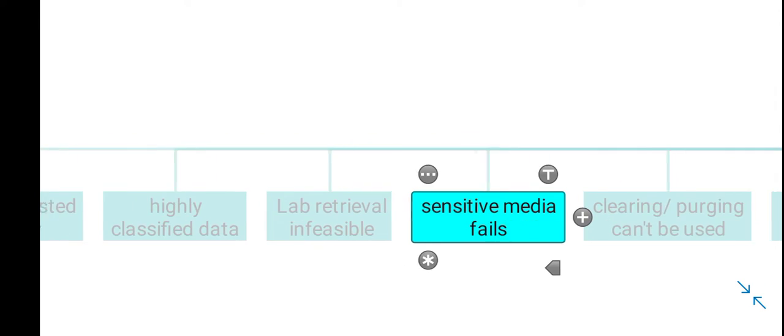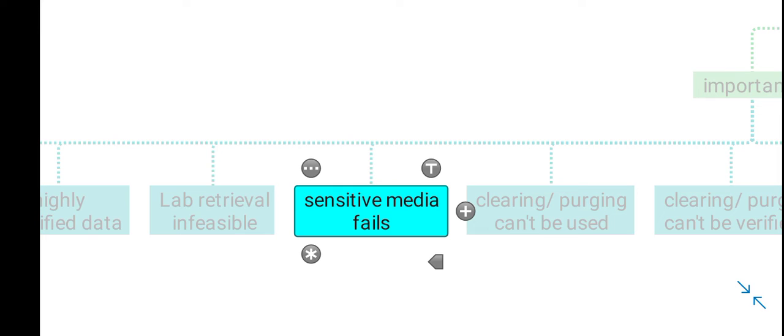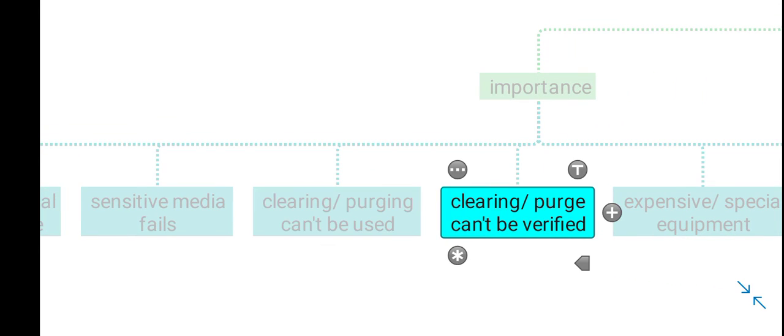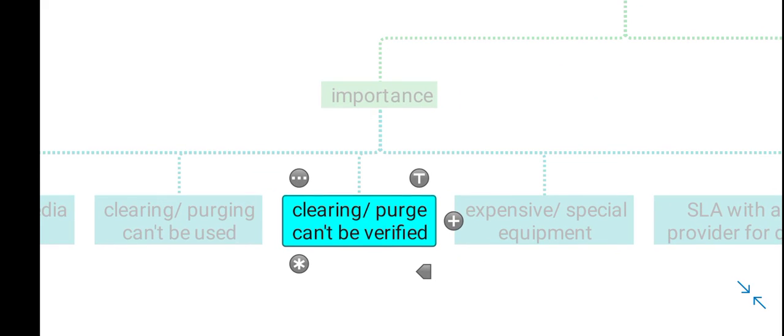And if the media has some failure, then you have no other option than to destroy the media. So clearing and purging cannot be used on that media. Furthermore, if you have performed clearing and purging but this cannot be verified, then there is no other option but to destroy the media.